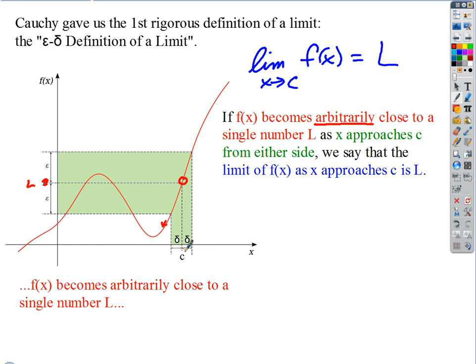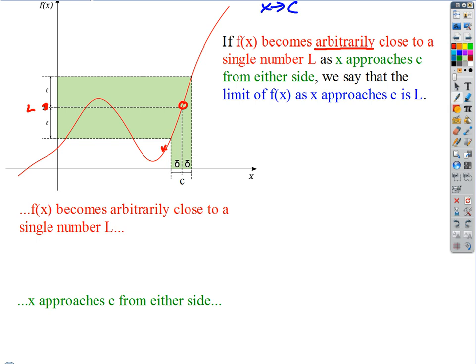Now, there are some cases, as we discussed yesterday, where maybe that doesn't work, and we'll look at those a little bit. But for now, let's just see if we can take this language and turn it into some mathematical, analytical symbols. How do you suppose we're going to take this red phrase, f of x becomes arbitrarily close to a single number L?